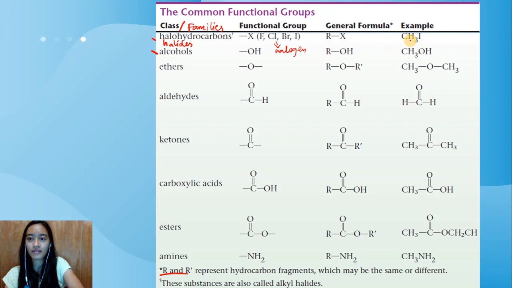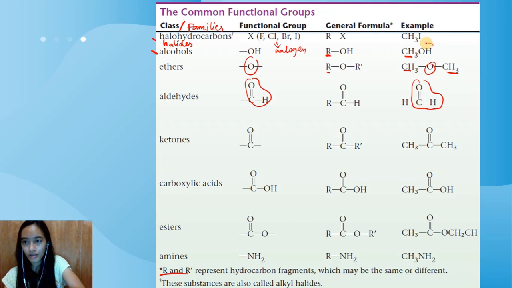So for example, you have a methyl group combined with an iodine. So must be methyl iodide. And then here, there is a group just like this. So you can notice for ethers, there's always this pattern. And for aldehydes, there's always this.